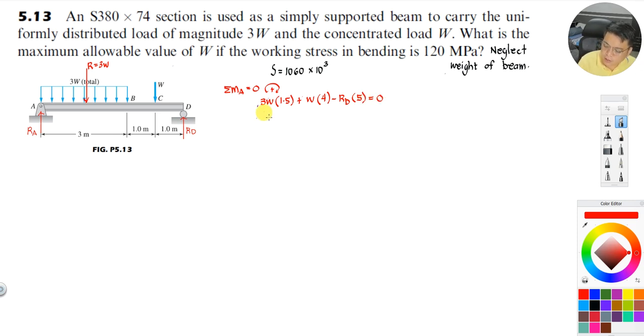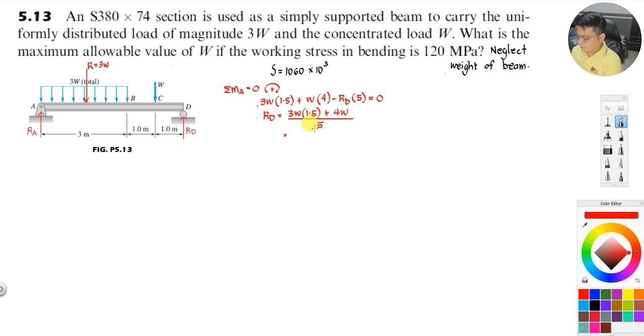So now we can now have the RD is equal to 3W multiplied it by 1.5 plus 4W, and then you divide it by 5. Okay, so 3 times 1.5, ilan yun? 4.5.